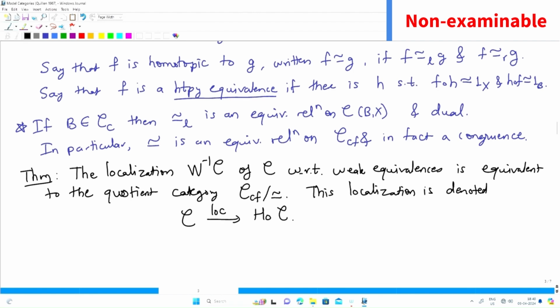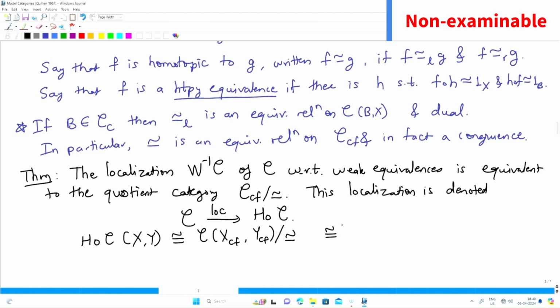And from this description, I think you will be pretty much convinced what happens with HOSI. So HOSI XY is, yeah, if you take the same objects, then this is isomorphic to the morphisms from XCF, YCF, modulo the homotopy equivalence.